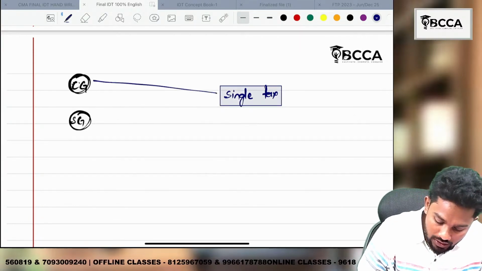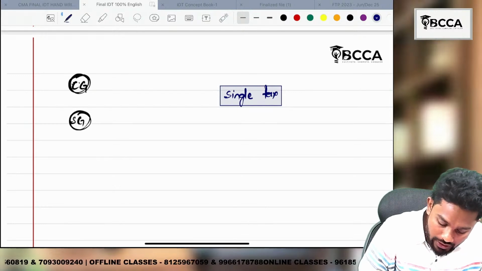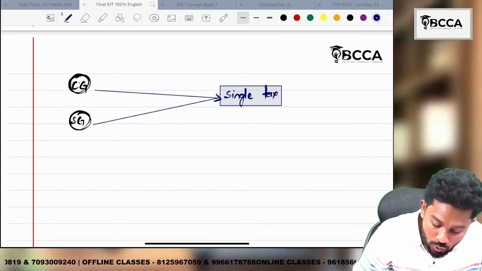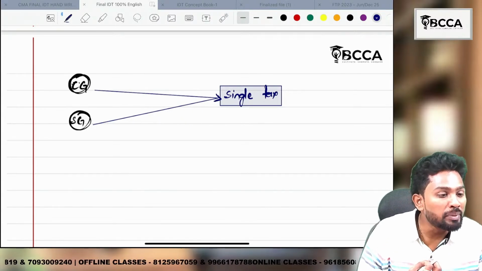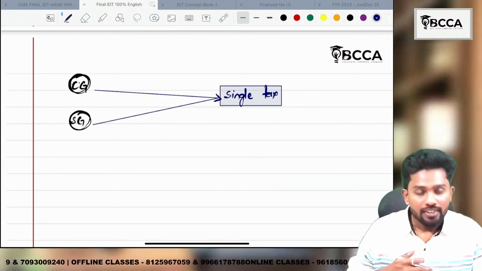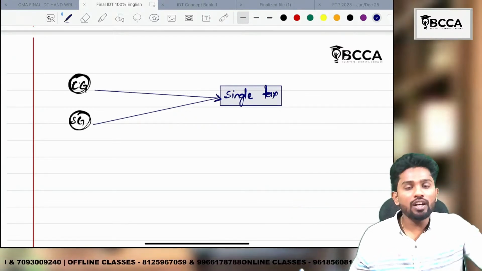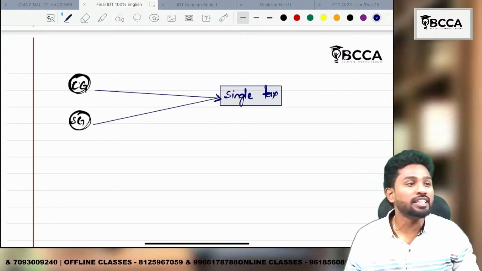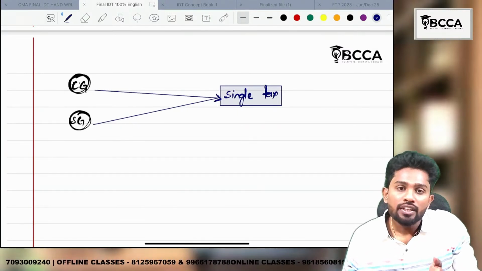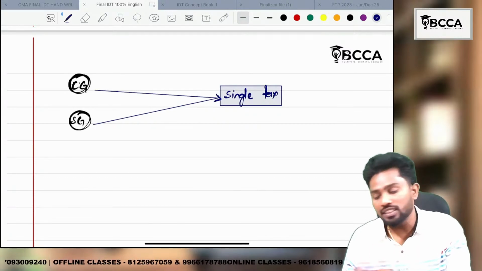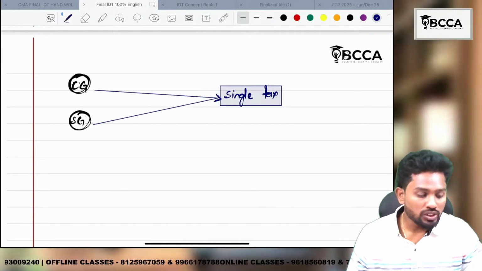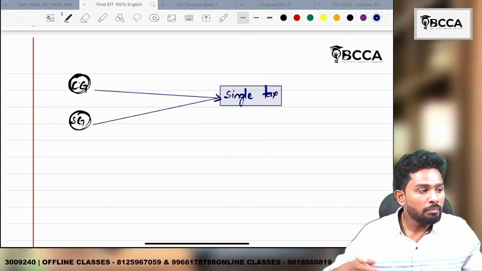Out of them, certain are central government related and few are related to the state government. The question is, if a single tax is framed, who will be administering or implementing this single tax? Obviously, there are multiple state governments. We already said 28 plus 3, 31 state governments, whereas one central government. So it is easy if the administration and implementation are given to the central government instead of the state governments. If it is given to the state governments, then again multiple people are involved.